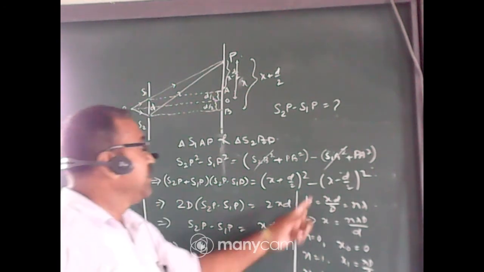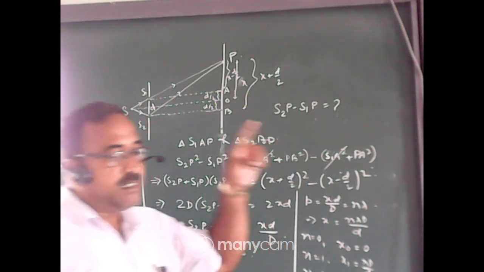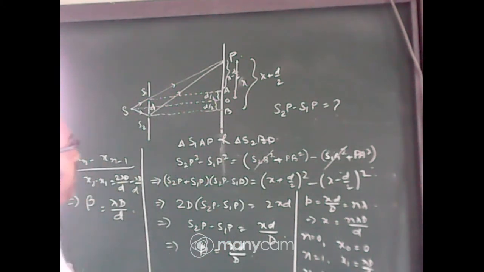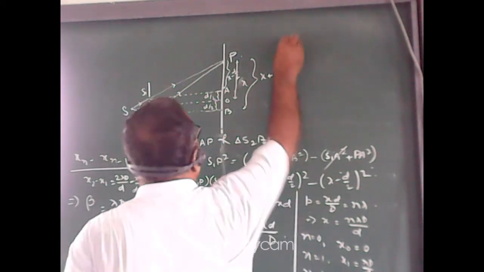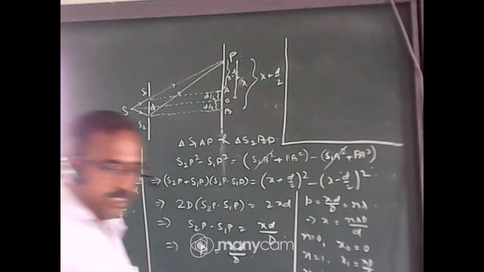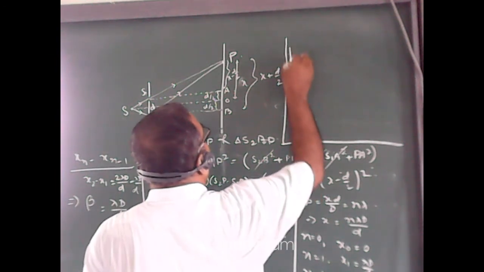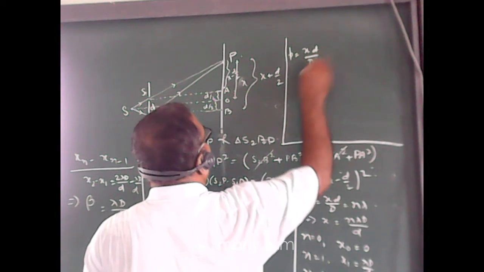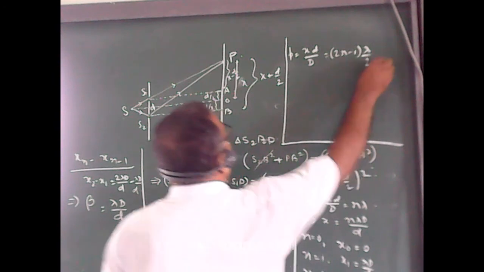The condition is xd by D equals (2n − 1) into lambda by 2.